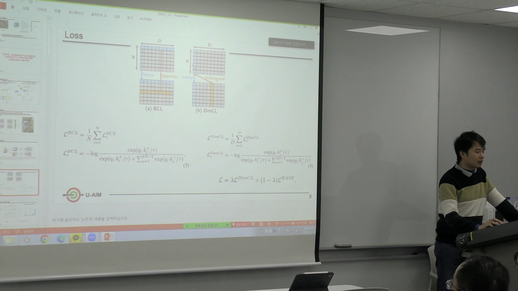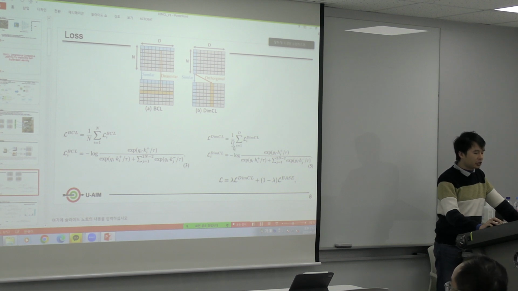We apply contrastive learning along the dimensional direction instead of the batch direction. The corresponding loss is shown at the bottom of the slide.